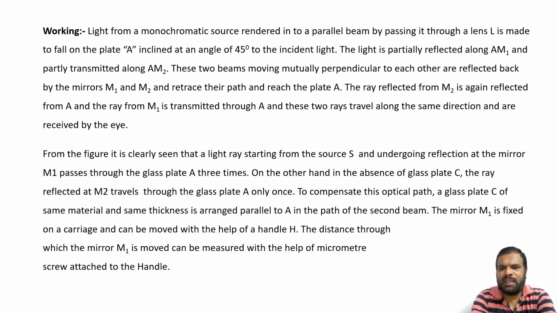To compensate this optical path, a glass plate C of the same material and same thickness is arranged parallel to A in the path of the second beam. The mirror M1 is fixed on a carriage and can be moved with the help of a handle H. The distance through which the mirror M1 is moved can be measured with the help of the micrometer screw attached to the handle.